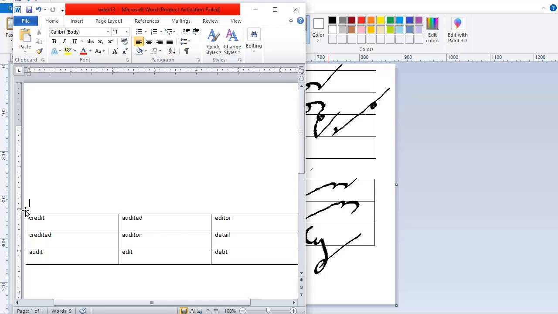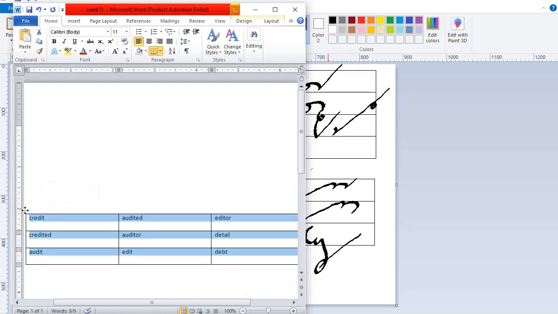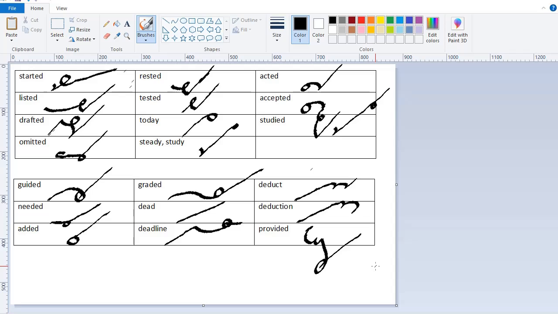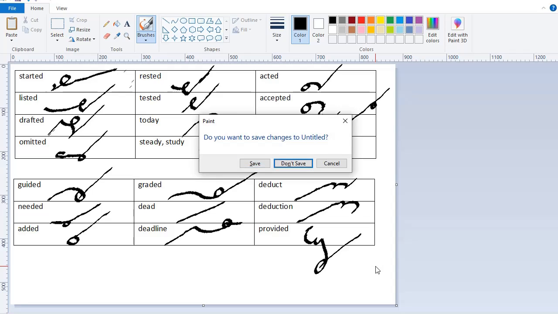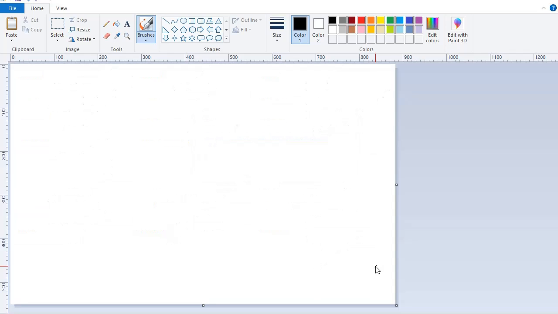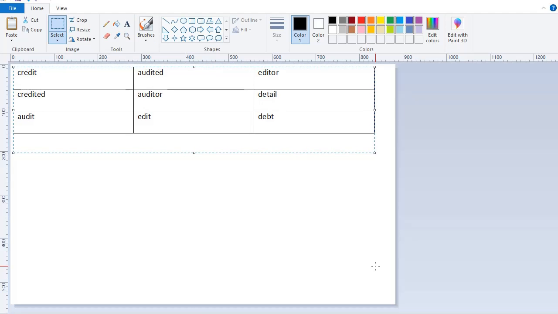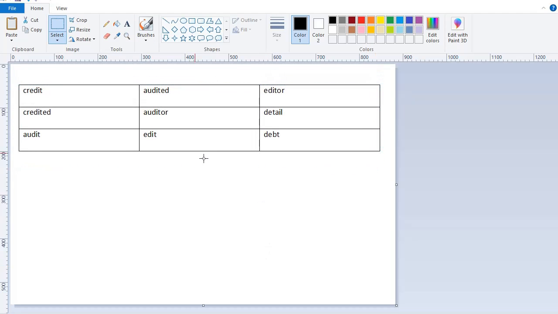Next, we have our last set of words, which is your dit. Dit words. Back na lang kayo pagka may mga hindi kayo naintindihan. Okay? So, ayan. First, we have credit.